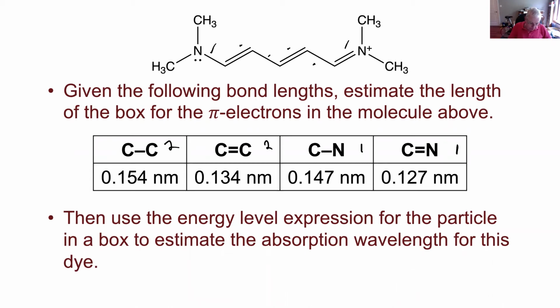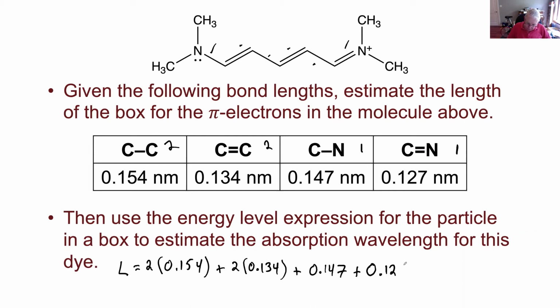So I will want my chain length, which is going to be the length of my box, to equal 2 times 0.154, and all my lengths are in nanometers, so I'm not going to write out the nanometers, plus 2 times 0.134, plus 0.147, plus 0.127.